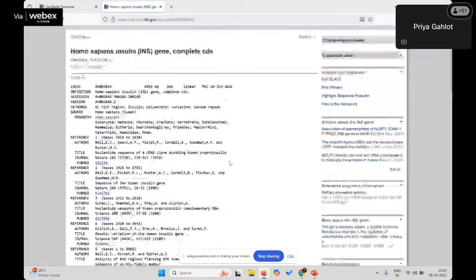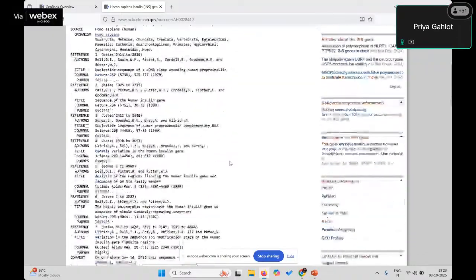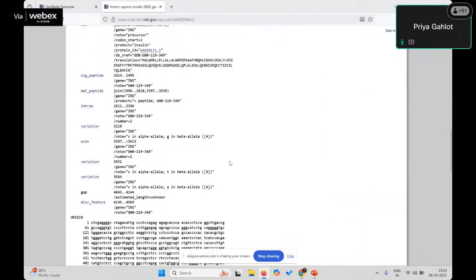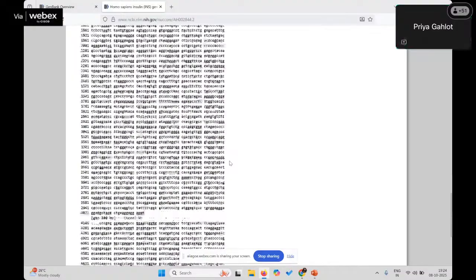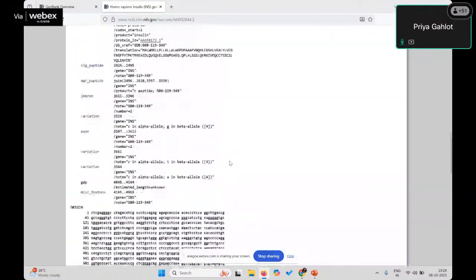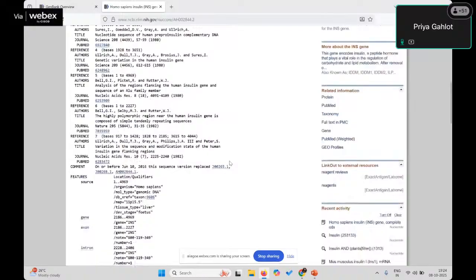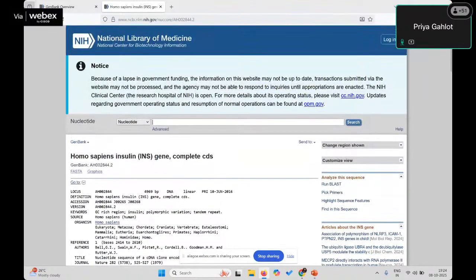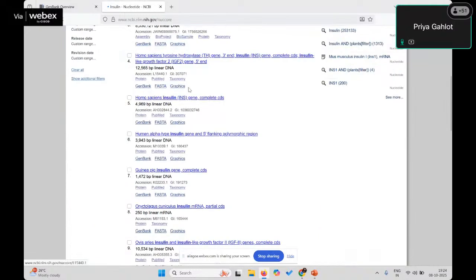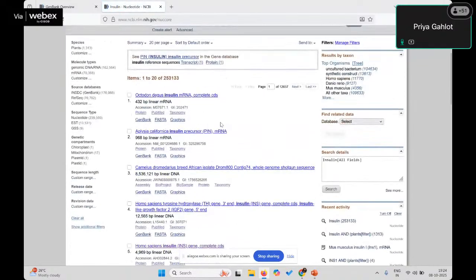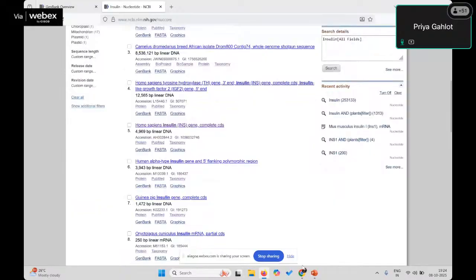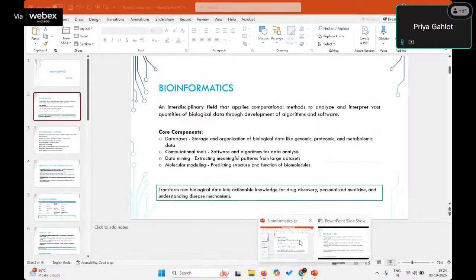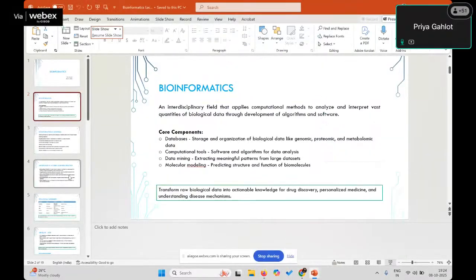So you can find all the details and all the sequences. You can perform FASTA, you can perform BLAST, you can use this data for primer prediction also. There are many applications for this database, but I will not go much deep into it.